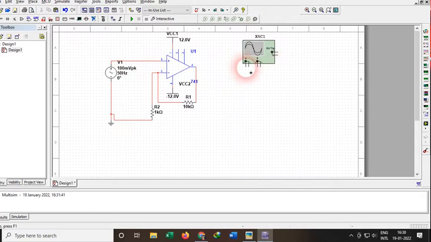Just connect here. The one input of this oscilloscope is connected to the output of this IC, and the negative part of this would be connected to the ground. Again, in the second channel also I'm going to connect the negative part to the ground only. So I have just connected it here.